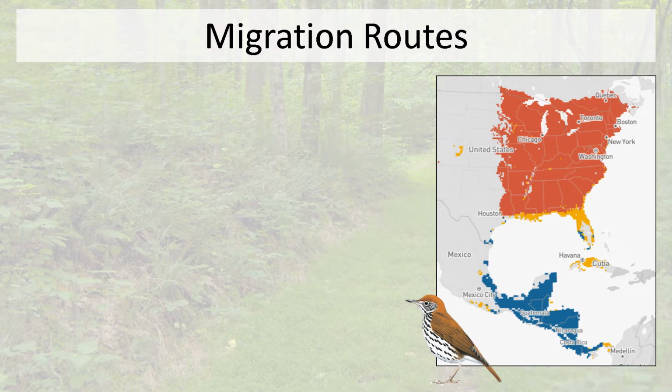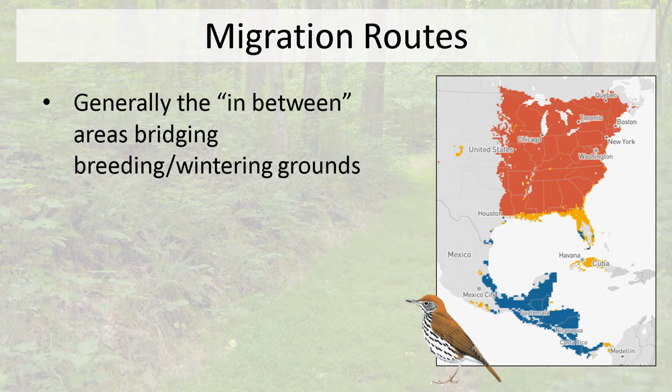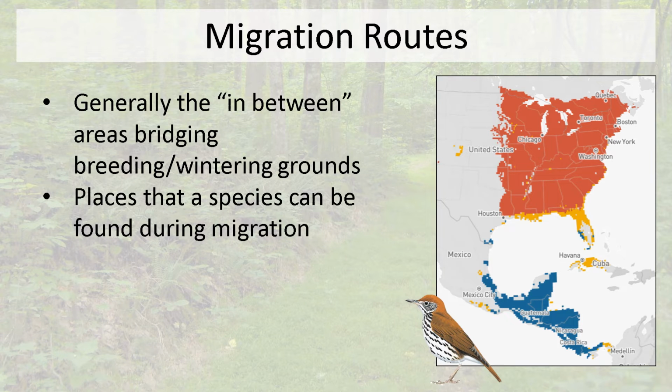In this case, fall and spring migration. So generally we think of the migration route as the sort of in-between area between wintering and breeding grounds. And that is for basically the habitats where species could be found during that time.